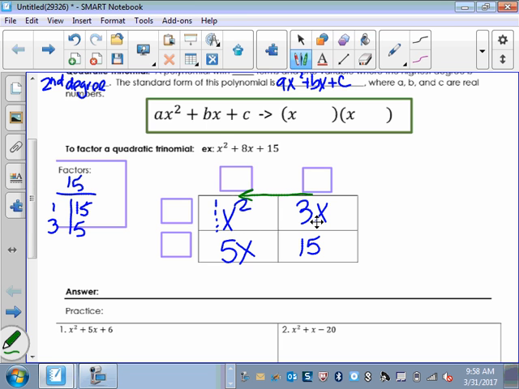So basically, what do they both have in common? They have an x in common. So I will put that factor in that box. Then I want to look at my next row. So I'm going to look at 5x and 15.